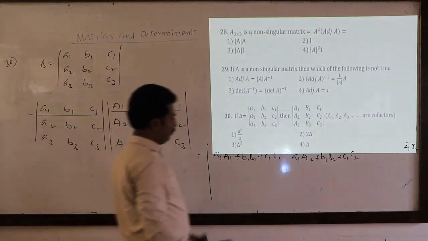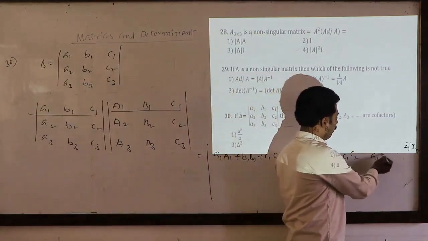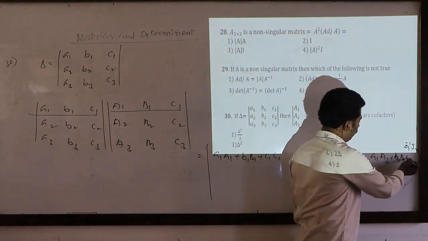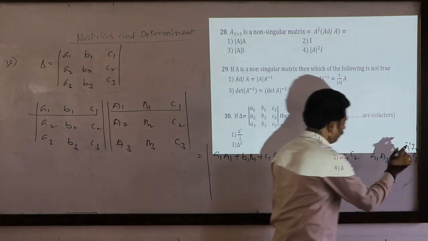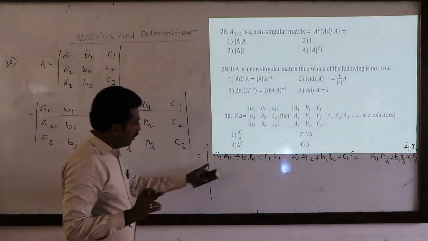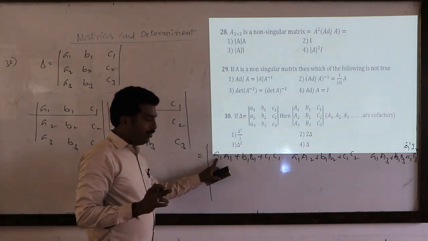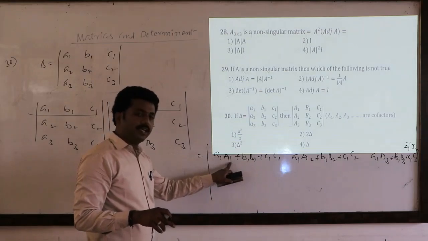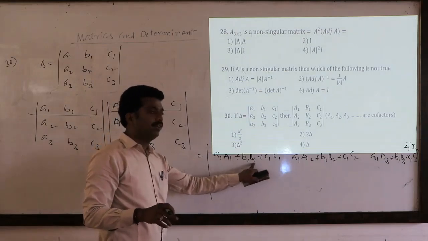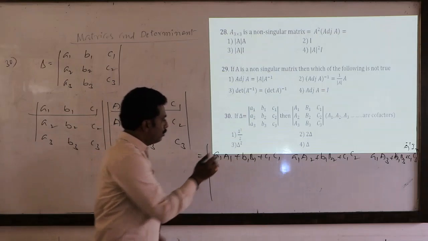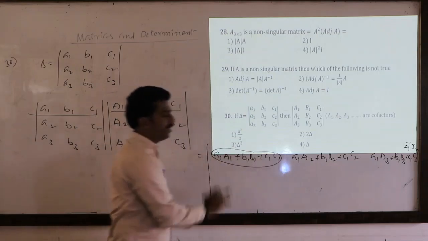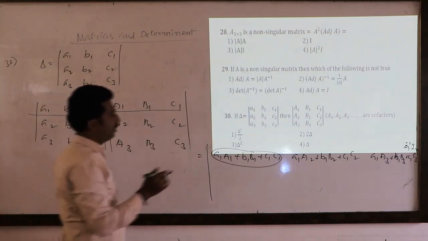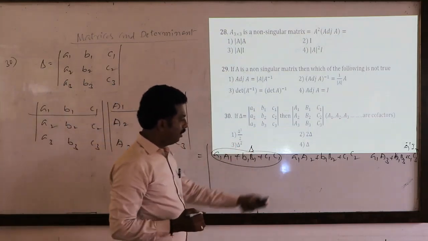First row third column means A1 A3 plus B1 B3 plus C1 C3. I told you many times, the sum of the products of elements of any row or any column with the corresponding cofactors is always the determinant of the matrix. So A1 with corresponding capital A1, B1 with cofactor capital B1, C1 with cofactor capital C1. What is this determinant of the matrix? Nothing but delta.